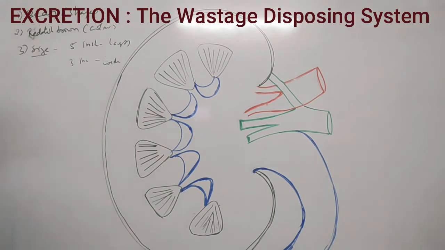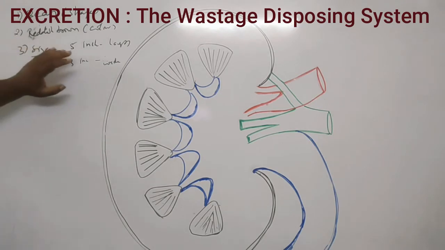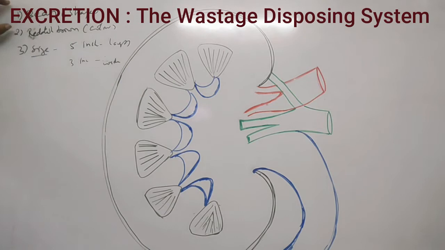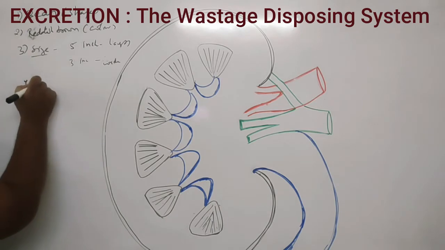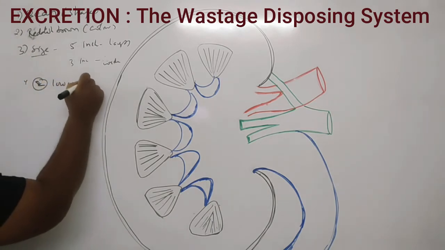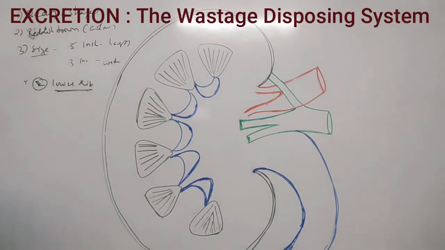So the color is reddish brown, the shape is bean shaped, and the size is around 5 inches in length and 3 inches in width. This is the shape, color and size of the kidneys. How many kidneys are there? There are 2 kidneys, present under the lower rib region at the back. These are the basic points about the kidneys.